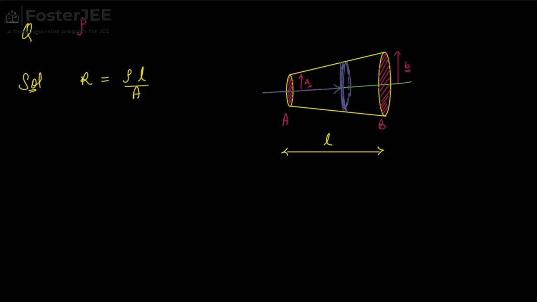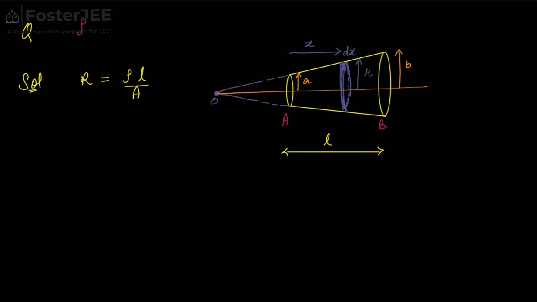Now let's suppose this inclined surface meets somewhere at point O, and let's clean up these diagrams and draw neatly. Now let's suppose we take up an element at a distance x, and this thickness is dx. Suppose the radius of this disc is r.